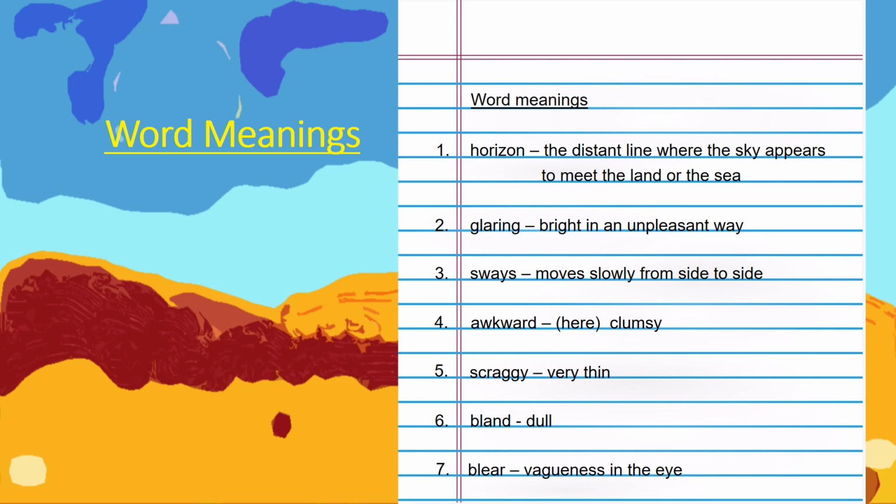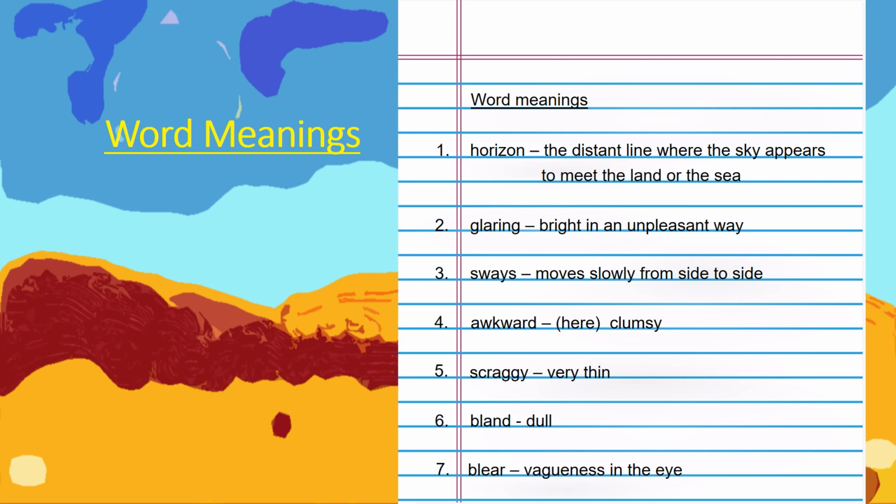After writing the new words, if you have space, you begin it from the same side of the page. If you don't have, begin with the next side of the page. So we give the heading word meanings and we begin writing our word meanings.